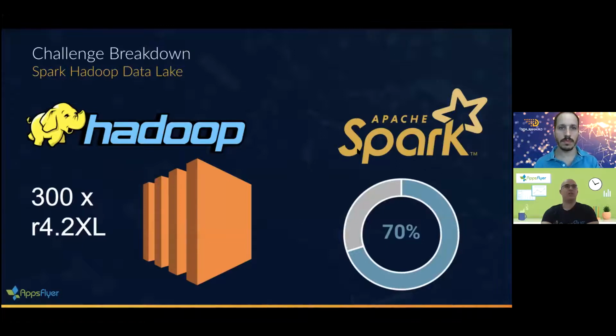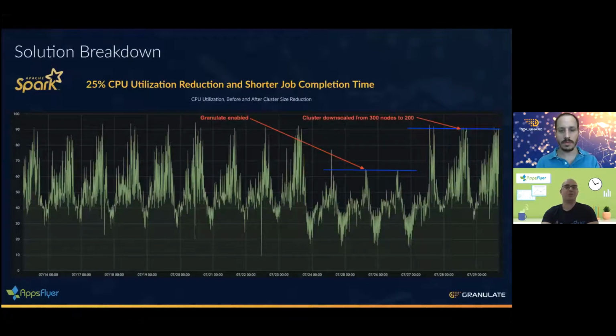Okay. So the first service that we chose for the POC was a self-managed Hadoop Spark cluster, which is running on 300 R4 2xlarge instances with a CPU utilization of 70% with cyclic load patterns. If you're familiar with cloud costs, you can imagine the cost of running such a cluster.